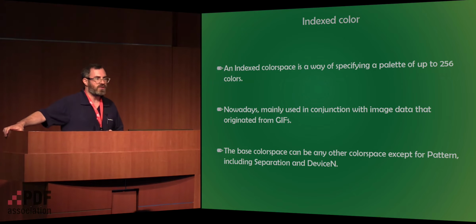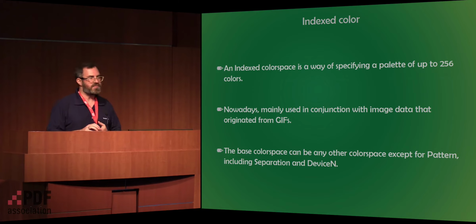And you can use other color spaces as a basis for index colors for basically everything except for pattern, and that includes separation and device N. I'm not sure that I see the point of using separation as a basis for an index color, but device N could be interesting.